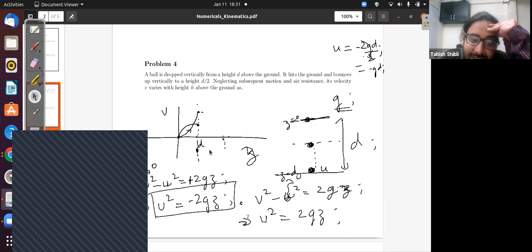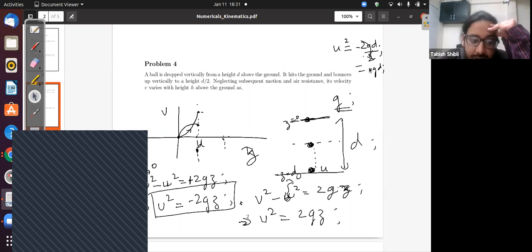Sir, that was u square, right? Yes. Oh, yeah, u square is equal to minus 2g times d by 2. Oh, you're measuring from the top.